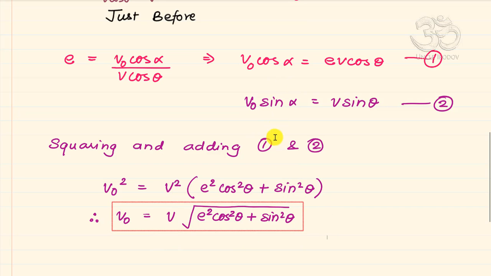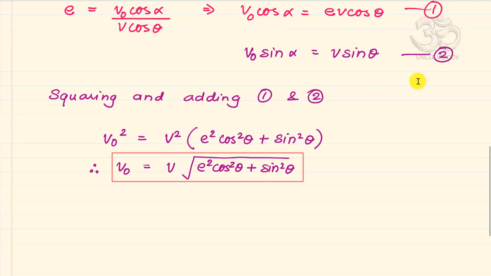Now how about this angle alpha? So this angle alpha can be found out merely by taking a ratio of equation 2 to equation 1, which means LHS of 2 by LHS of 1 is equal to RHS of 2 by RHS of 1.